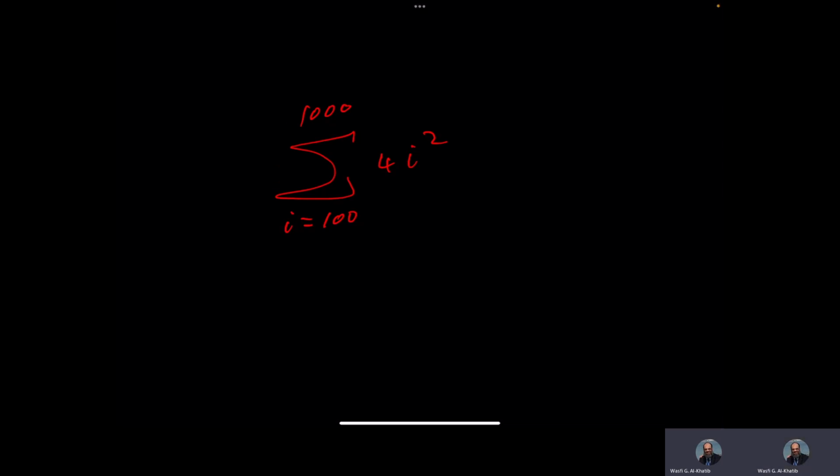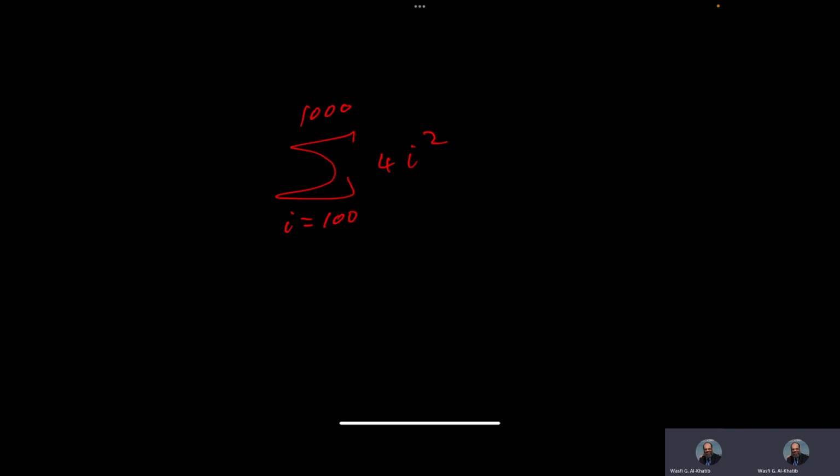Let's assume that you have sigma 4i square from i equal 100 to 1000. Do I have a formula for this? I have from 0 or from 1. I don't have from 100.